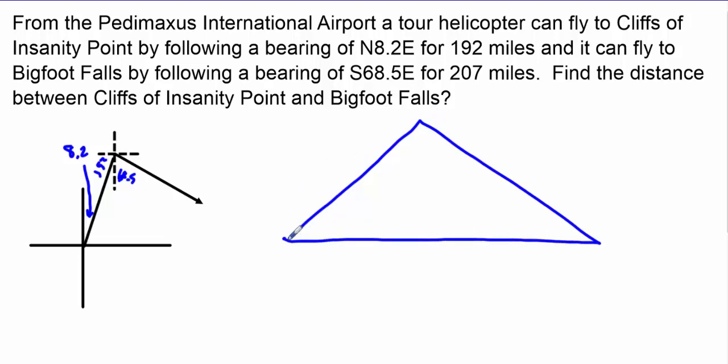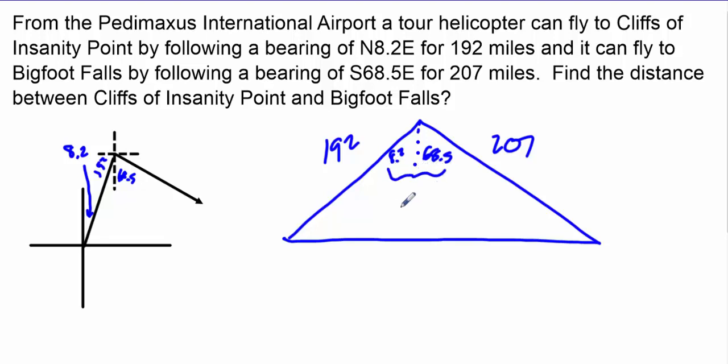So let's just redraw this picture here. Again, I knew this was 8.2, so I know that in these two lines, these are alternate interior angles, so I know that there is an 8.2 degree marking here, and then a 68.5 marking here. I know we have 192 and 207.